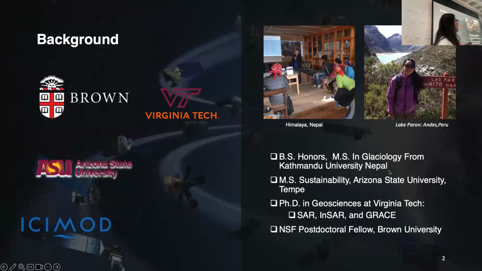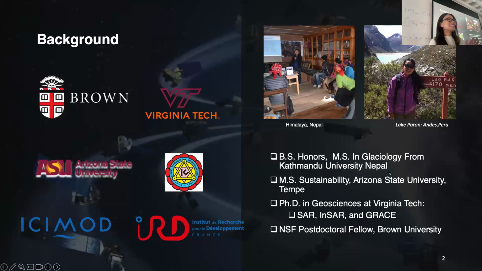Before going deep into my presentation and talk, just a brief background about me. I did my undergraduate in Nepal. I did my master's in glaciology in Nepal. Then I worked in an international organization called ICIMOD, the International Center for Integrated Mountain Development, where I looked at climate challenges as well as water resource and hazard challenges through field visits as well as satellite data sets.